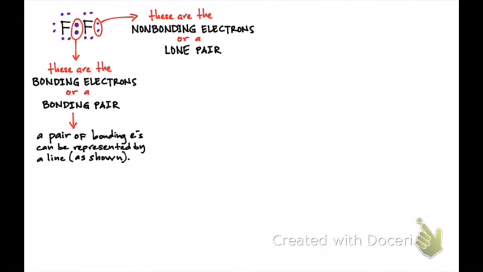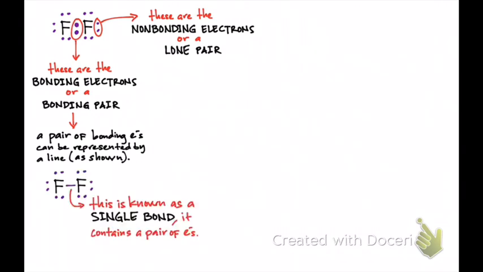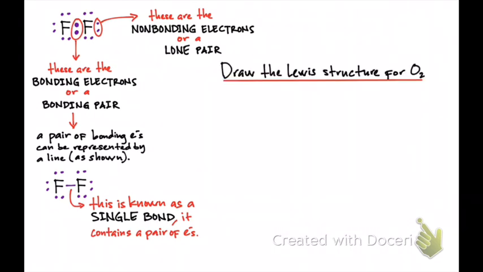And this bonding pair of electrons is usually represented by a single line. And so a single line is known as a single bond. So you always want to remember that a single bond contains one pair of bonding electrons. So that's basically the Lewis structure for fluorine gas, or the fluorine diatomic molecule.